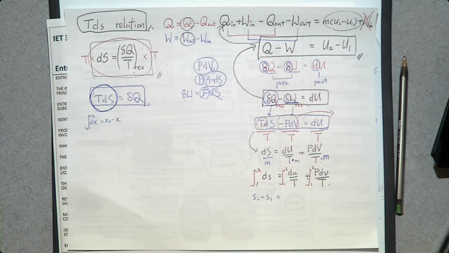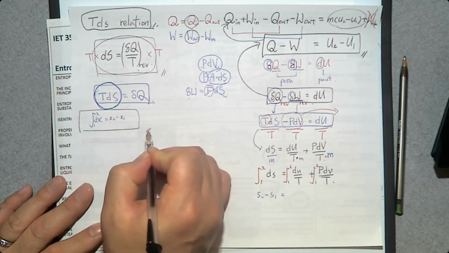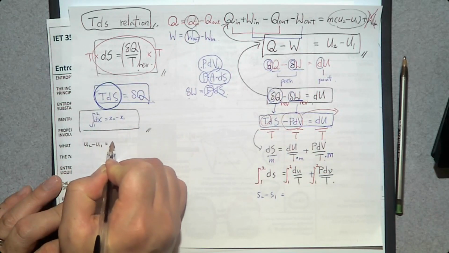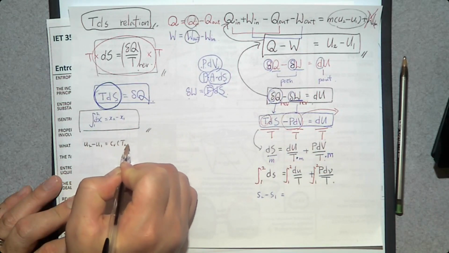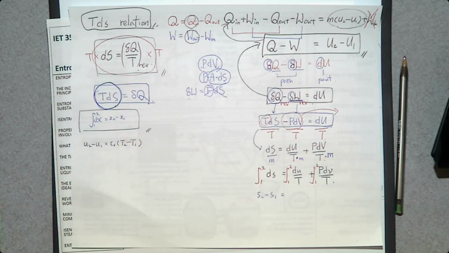What is it? u2 minus u1 is Cv times T2 minus T1. So there is u and T, right?